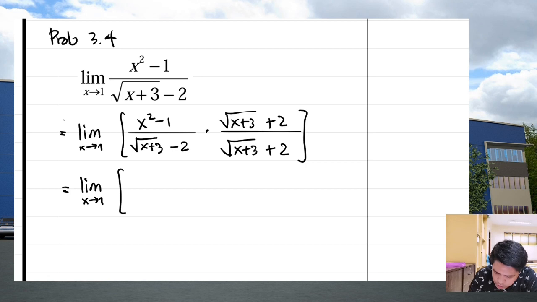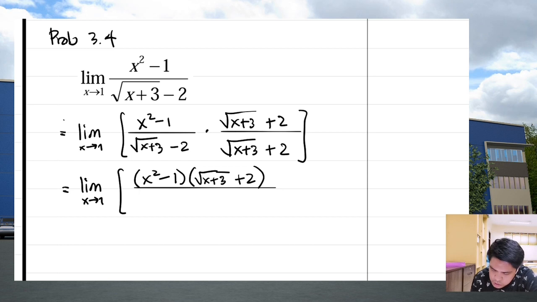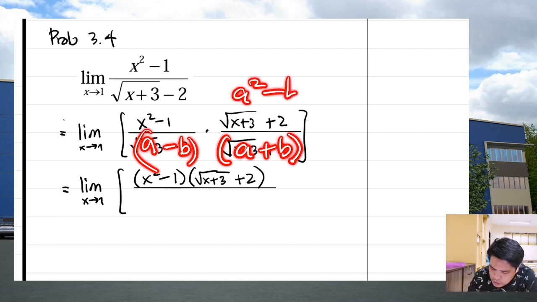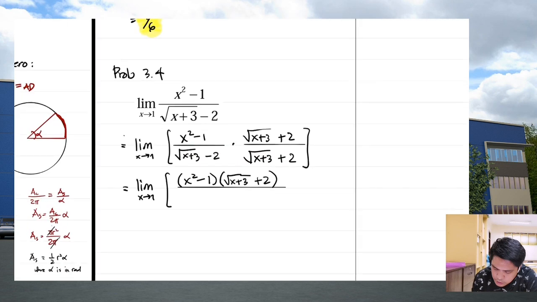In the numerator, let's multiply x squared minus 1 times the square root of x plus 3 plus 2. And the denominator becomes a special product. This is a minus b times a plus b, and the result is a squared minus b squared. Right? Special product.